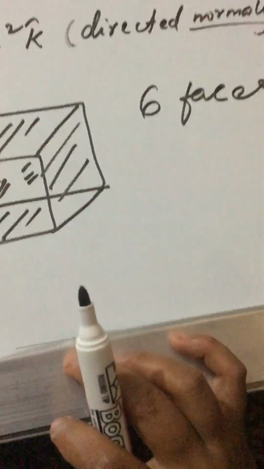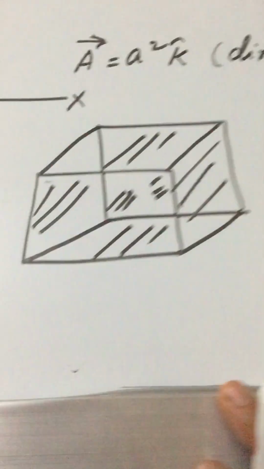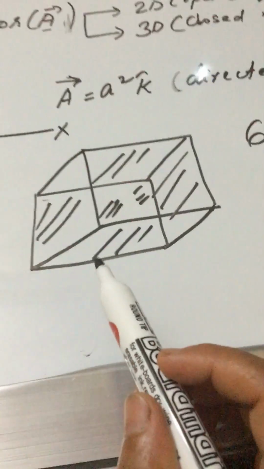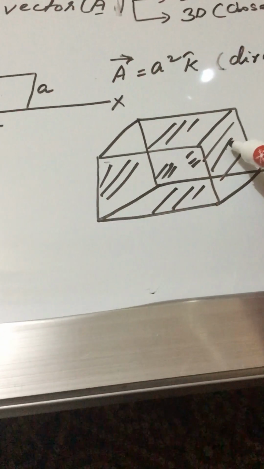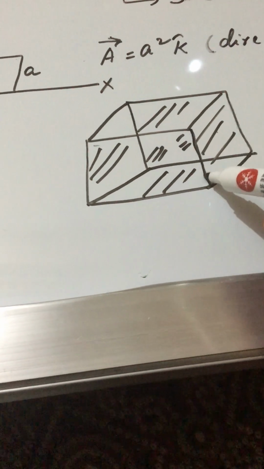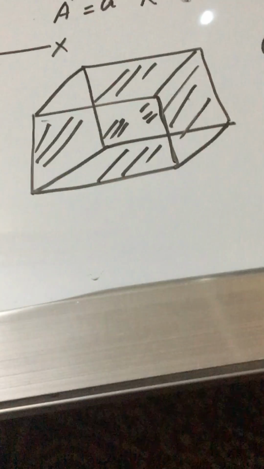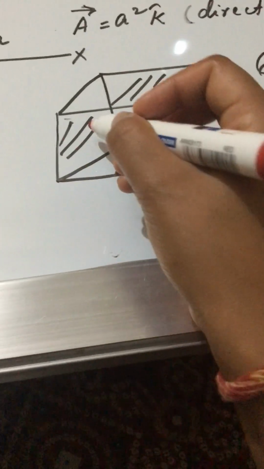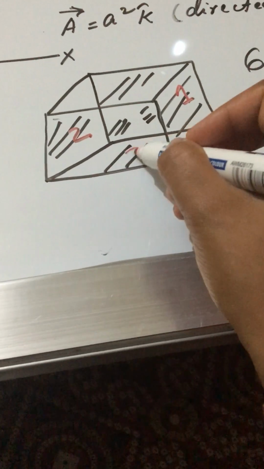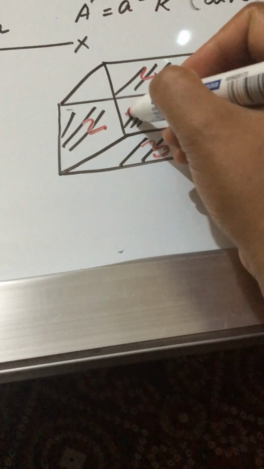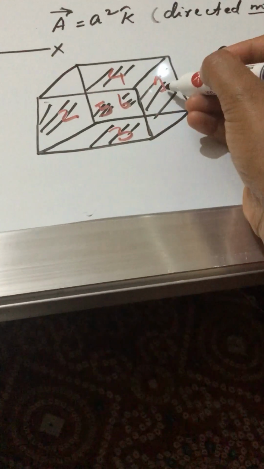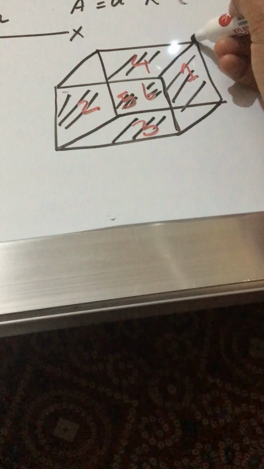Now what is the area vector? What is the concept? It has 6 faces, so it will have an area for each. For this one, let me call it face 1, face 2, face 3, face 4, face 5, and face 6. The area vector for face 1 should be perpendicular to it.